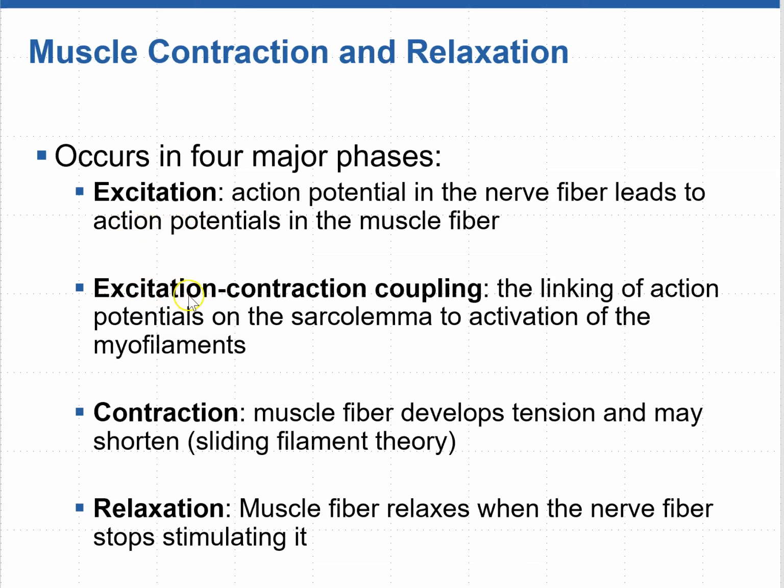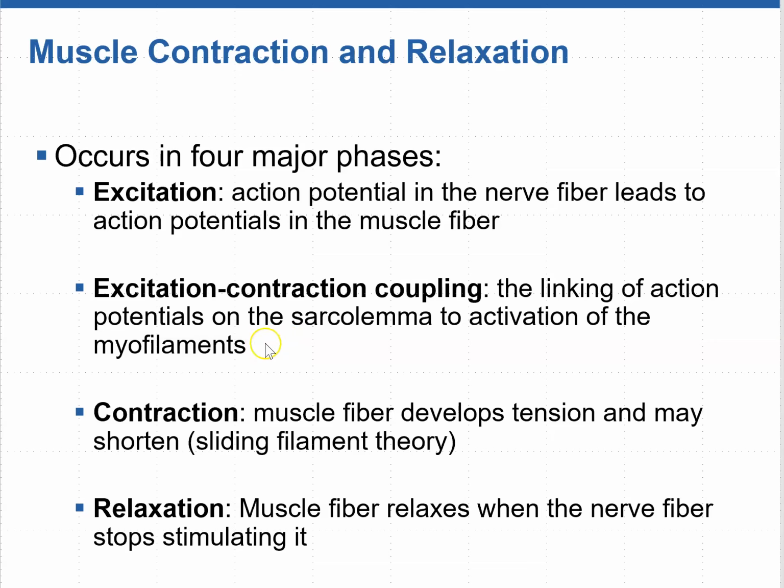The second stage is excitation-contraction coupling. Now, excitation-contraction coupling is the linking of action potential on the sarcolemma to activate myofilaments. Now, this is the event that prepares the myofilaments for contraction.